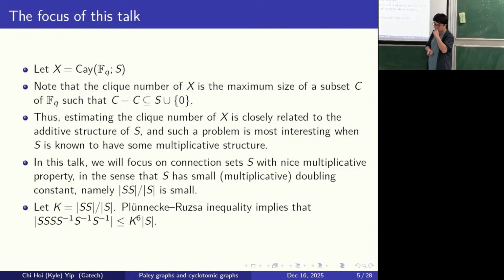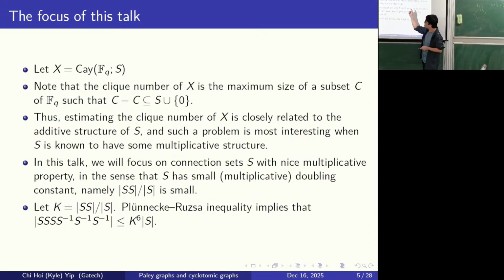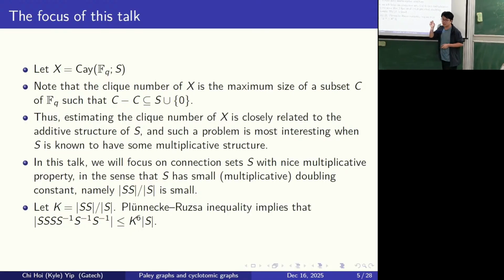So if we have a clique C, all the pairwise differences are in the set S. That means C minus C, which collects all the pairwise differences, is inside the set S union 0, because we also have 0 in the difference set C minus C.